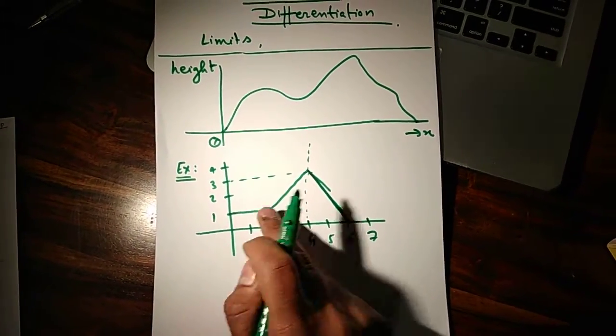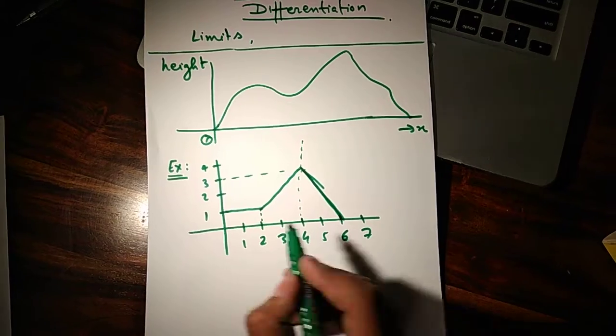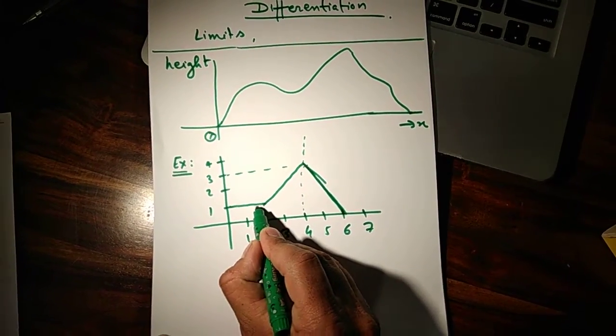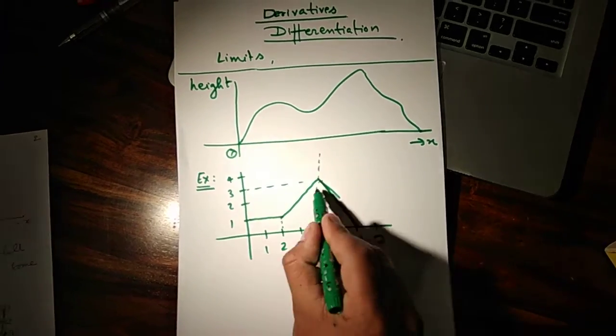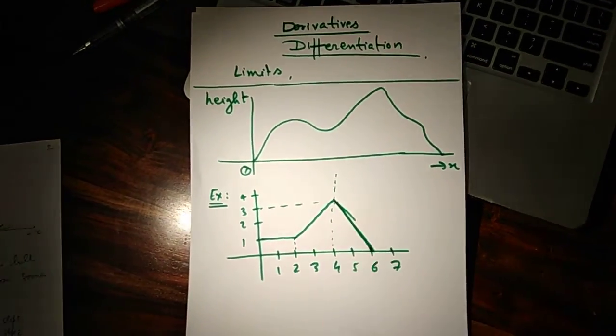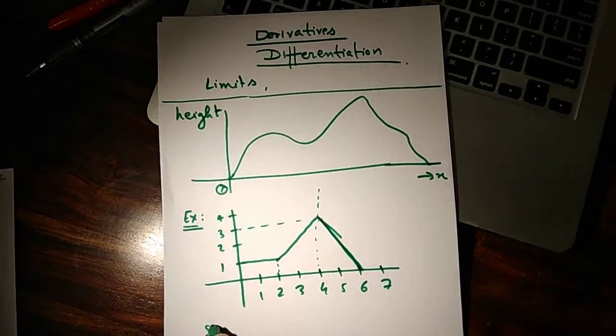If you want to know the slope at different places, it's very easy. The slope here is constant. It's a straight line. The slope in this region is a constant, it will be different, and again here it will be constant. How do you find that slope?